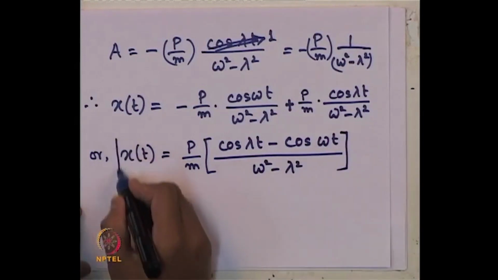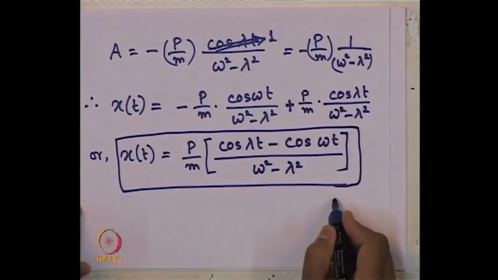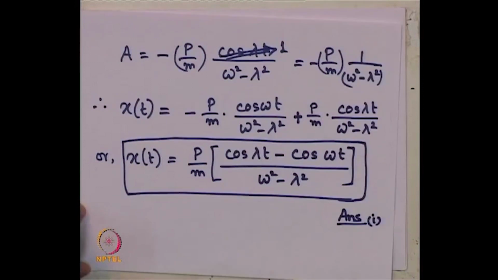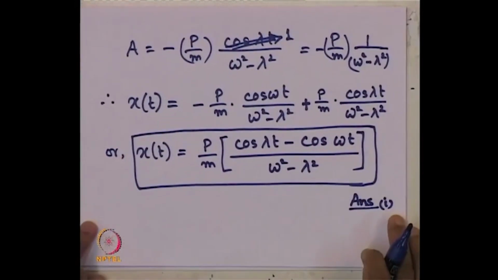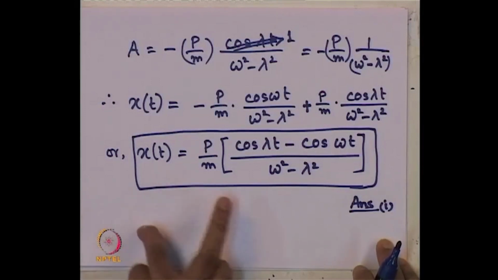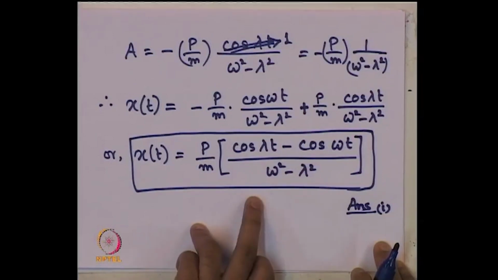So, this is the final solution of first part of this problem number 3. Okay? So, this is the complete final solution of the system. That is what it is asked, that derive the expression for the final displacement response of the system. This is the derivation and expression of the final displacement response of the system.